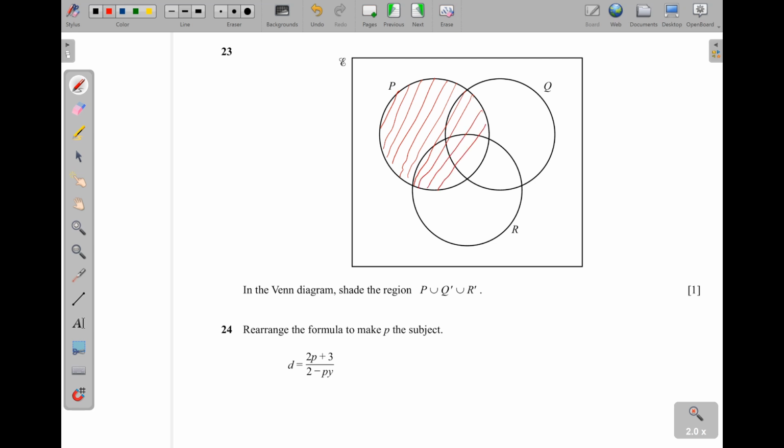That is set P shaded. Then Q complement, that is outside of Q. Outside of Q, it is here. Outside of Q is all of this. This is all outside of Q.